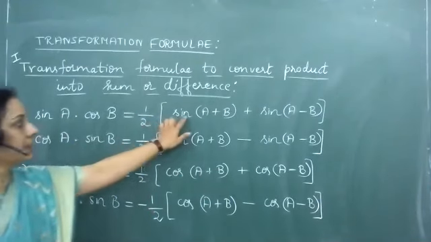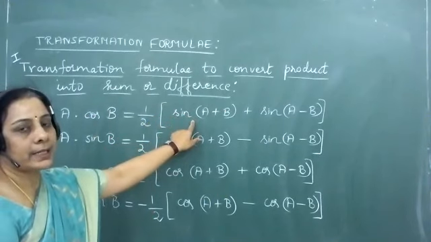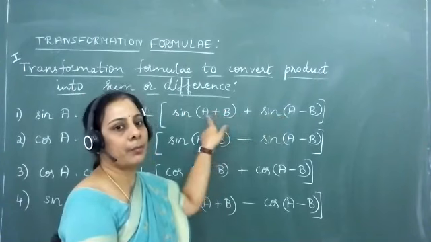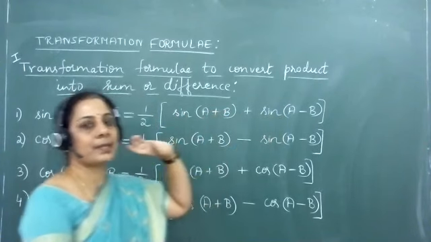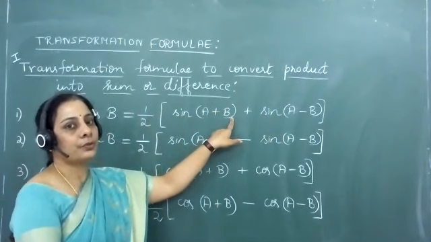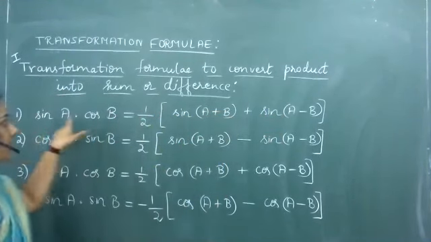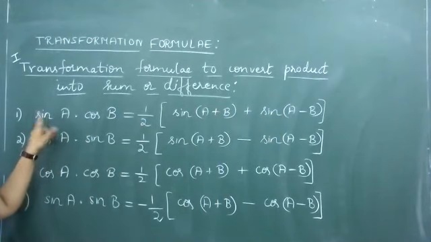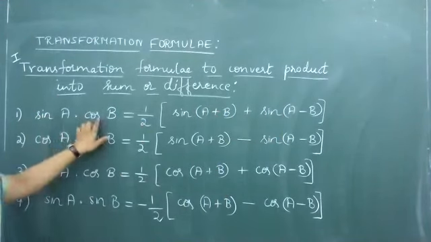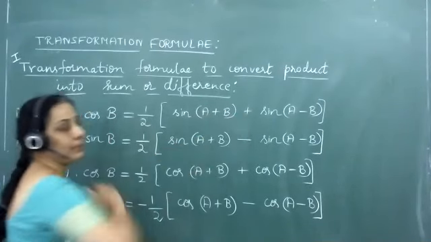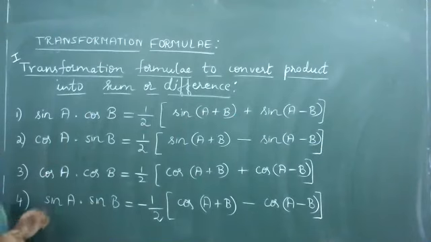Here we have added sin A plus B and sin A minus B, the two compound angle formulae. When you add the two formulae and rearrange the terms, it gives you the first transformation formula, converting the product of two trigonometric functions into a sum.